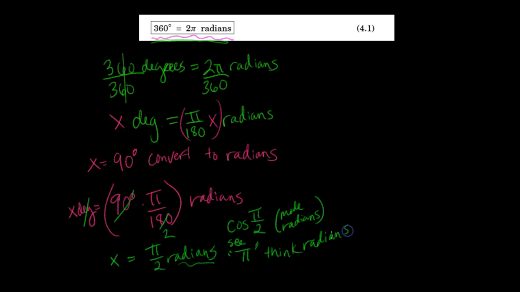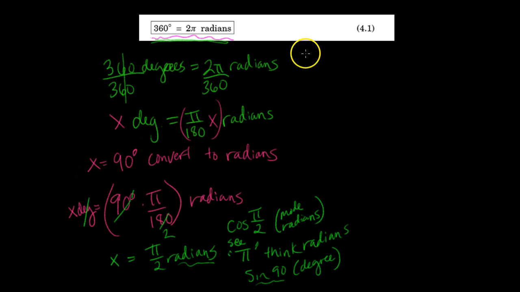And look for the degree symbol. It's not always there, like sine of 90, we don't always write 90 degrees, but that's most likely, rather than 90 radians, which would be a few rotations around the circle. Sine of 90 is most likely in degree mode.